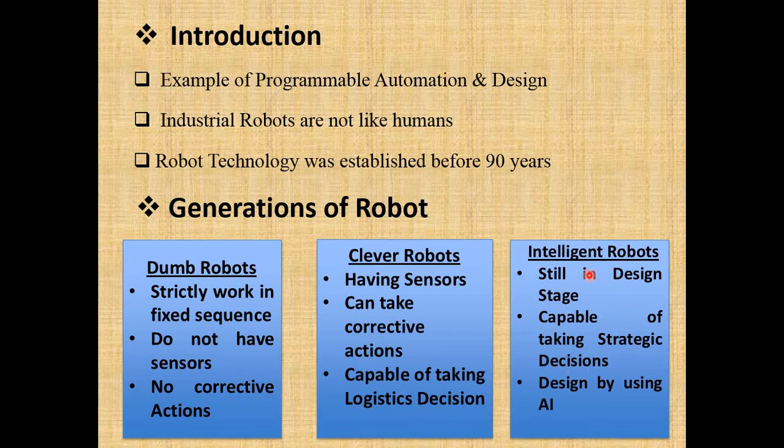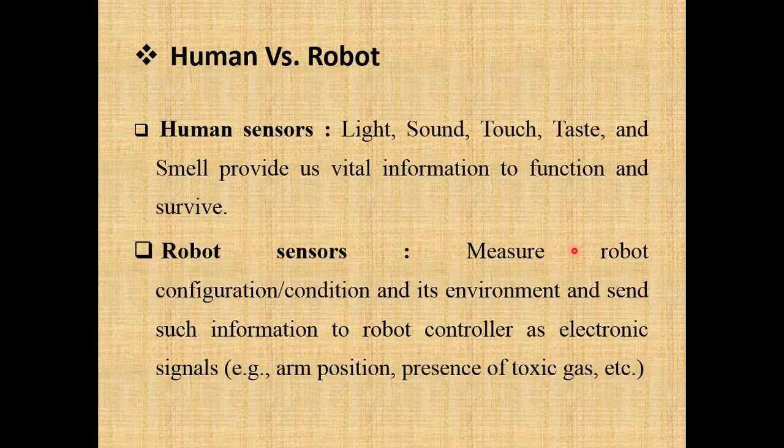This type of robot is still in design, because it is capable of taking strategic decisions. They are still in the design stage, using artificial intelligence so that they can take corrective actions. So here we have three types of robot: dumb, clever, and intelligent.